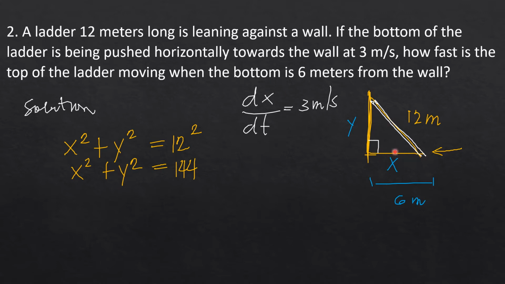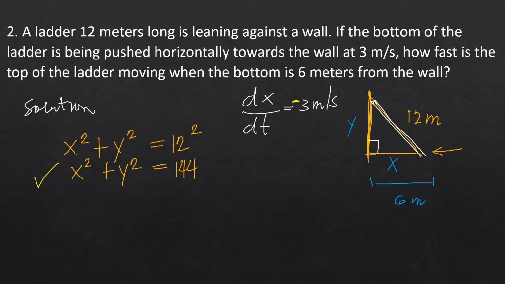So, ibig sabihin, nagdi-decrease ng distansya. At ang sabi natin kanina, when it is decreasing, the derivative must be negative. So, we have to indicate it. That must be negative. Now, another thing here is, we have now the x squared plus y squared is equal to 144, indicating the change of x distance and the change of y distance.